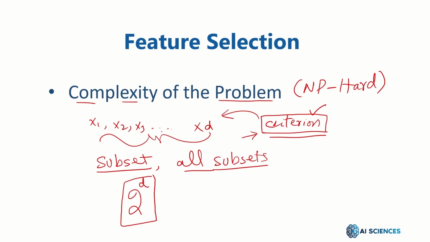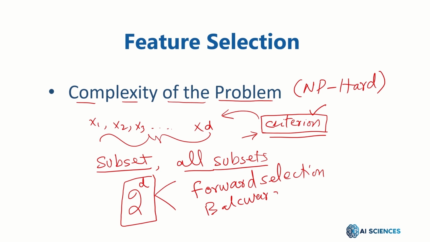But in certain specific cases, we can build algorithms that guarantee some optimality criteria. For example, certain greedy algorithms, forward selection algorithms, and backward elimination algorithms, or some embedded methods.